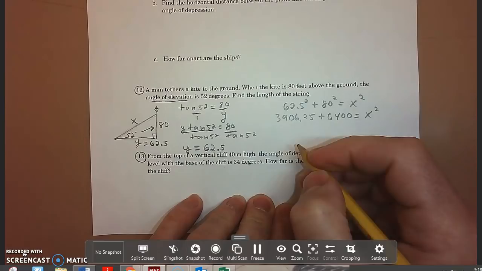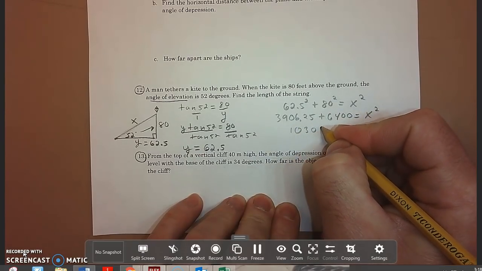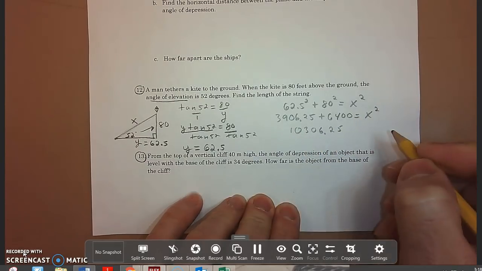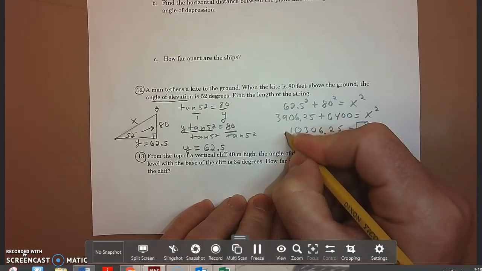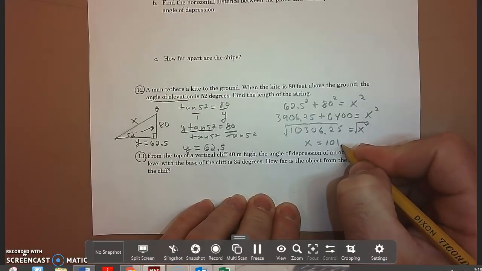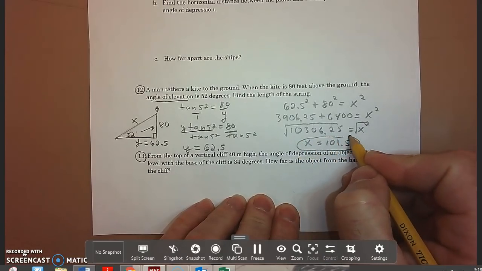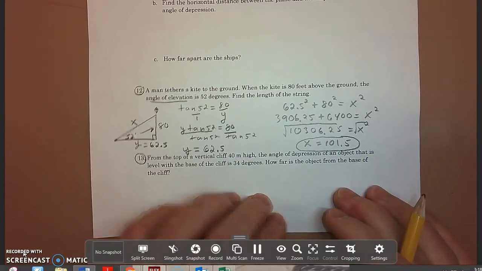If you add them, their sum is 10,306.25. My last step, I need to square root that, and I get x to be 101.5, which is the length of the string. So the length of the string would be 101.5.